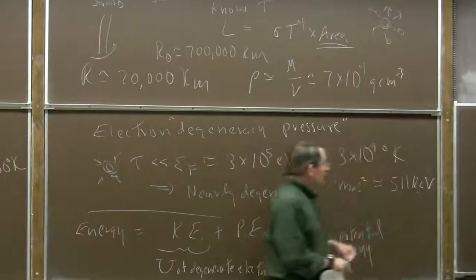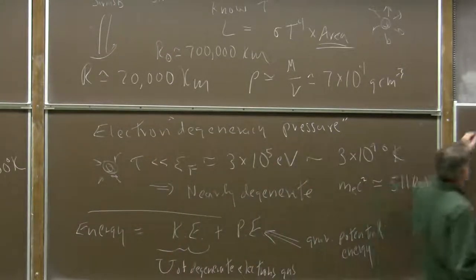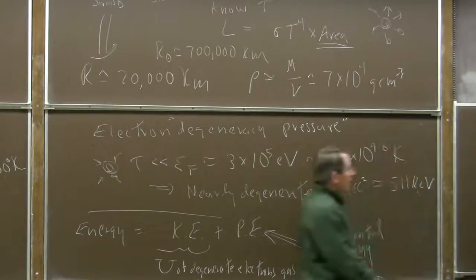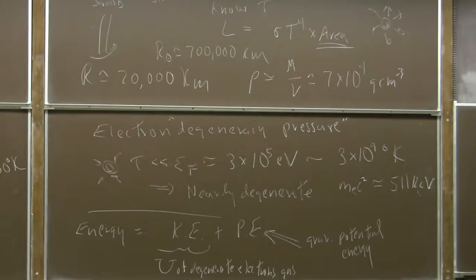So this is cool, because the gravitational potential energy goes like 1 over r, except it's negative, right? And the kinetic energy goes like 1 over r squared. So the kinetic energy is going to become more important when the star is small. The energy, which is the sum of kinetic energy and potential energy, will be going like 1 over r squared for small r, then it'll go like minus 1 over r for large r, because it'll be dominated by the gravitational piece.